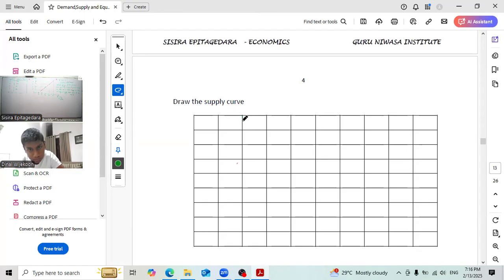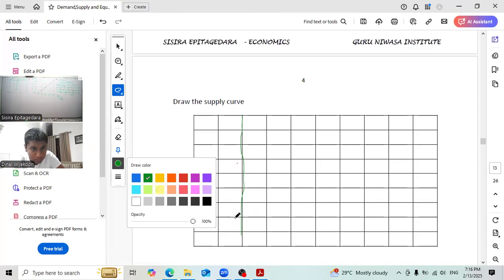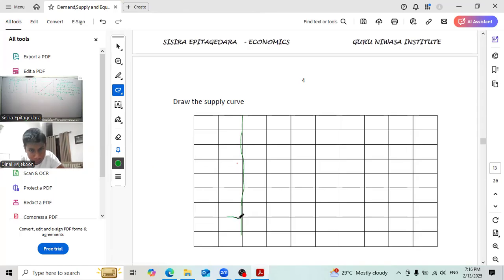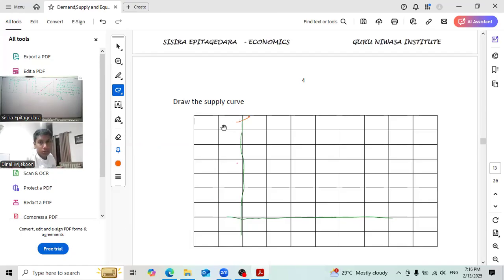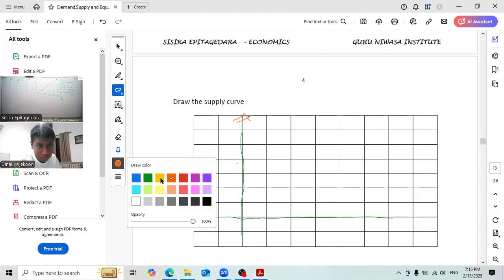Look, Dinal. If you draw, right, this is the price axis. This is the quantity axis.